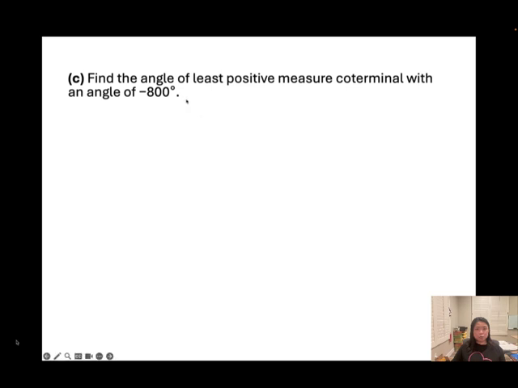Okay, another one. I want you to try to do it by yourself. Find the angle of least positive measure coterminal with negative 800 degrees.